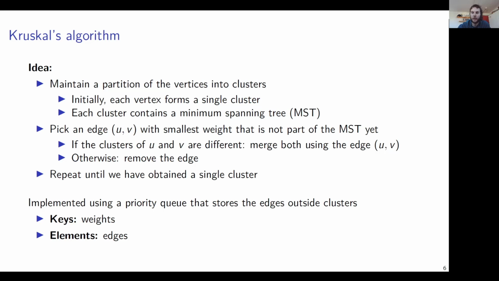If they are indeed different clusters, then we are merging both clusters by adding the edge to our minimum spanning tree. And if both of the vertices were in the same cluster, then remove the edge so that we are not getting that edge again. And then repeat this until we have a single cluster with a single minimum spanning tree.